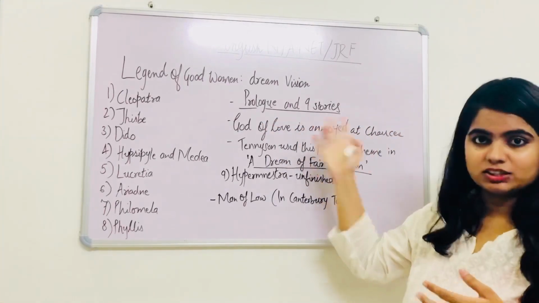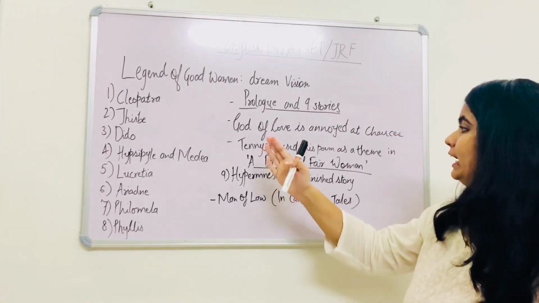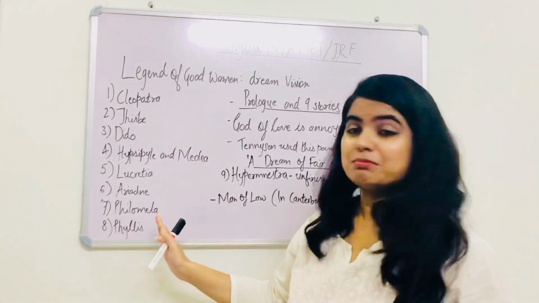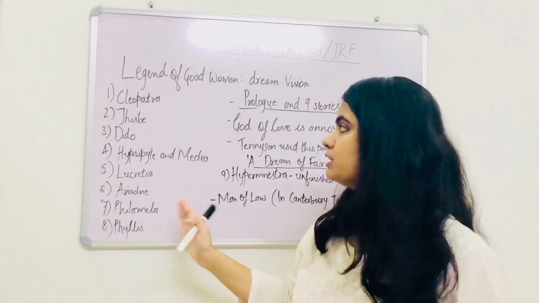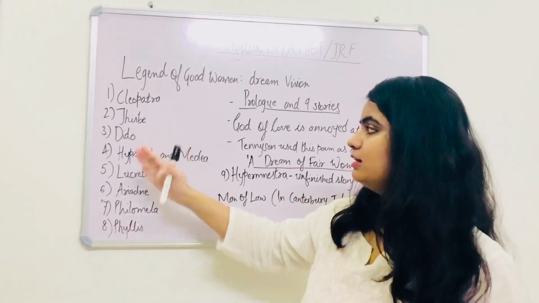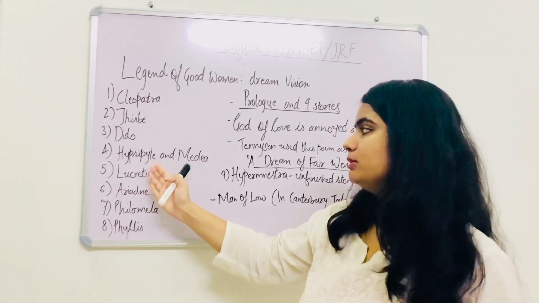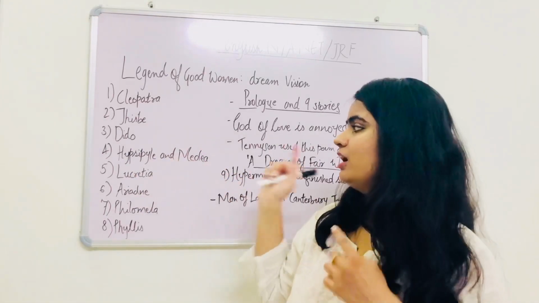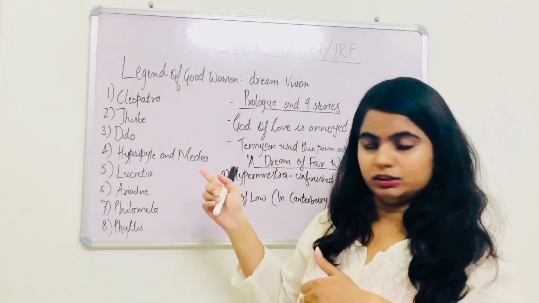So this is the major section of the poem, right? And the first one was Cleopatra. You just need to remember the 9 women names: Cleopatra, Thisbe, Dido, Hypsipyle and Medea. I have written these together because these 2 women come in the same story, right?